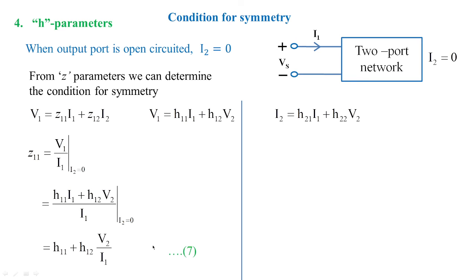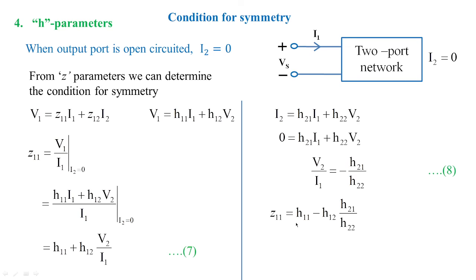Then what I'm going to do? I'm going to take the second condition of H parameters, that is I2 is equal to H21 I1 plus H22 V2. With this, I'm substituting the value of I2 equivalent to 0 and I'm going to get V2 by I1 is equal to minus H21 by H22.